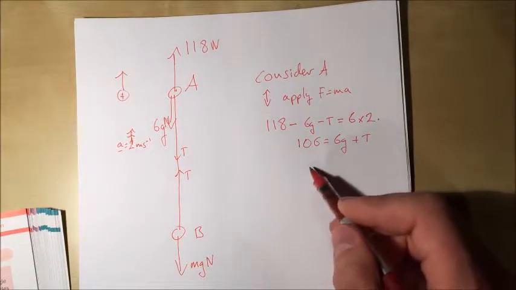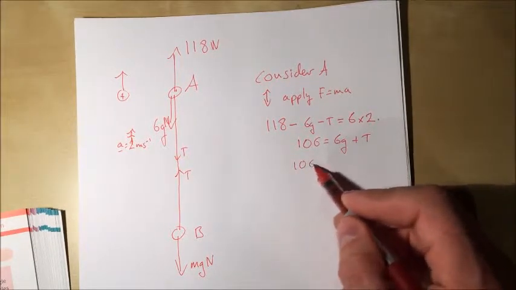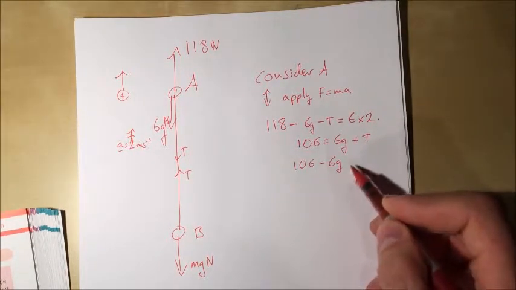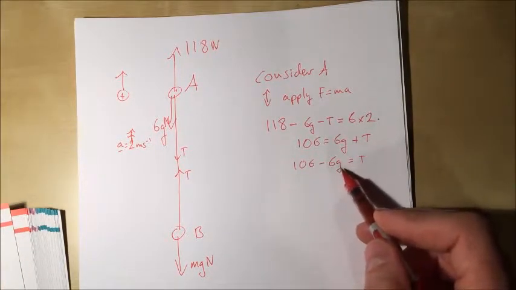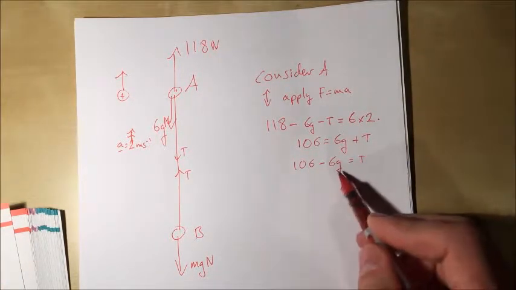So tension is 106 minus 6g. Well, 6g is about 60, so 106 take away 60.